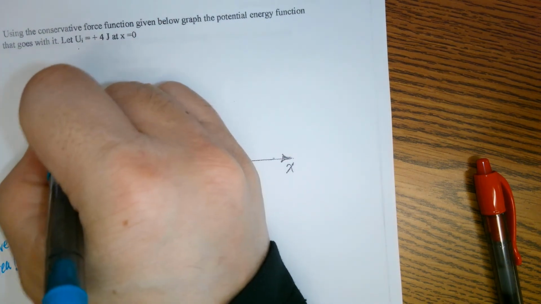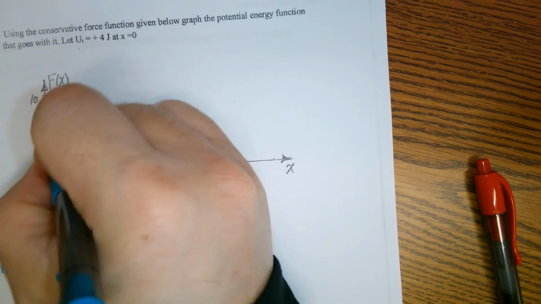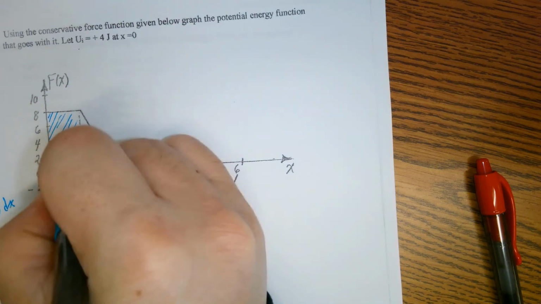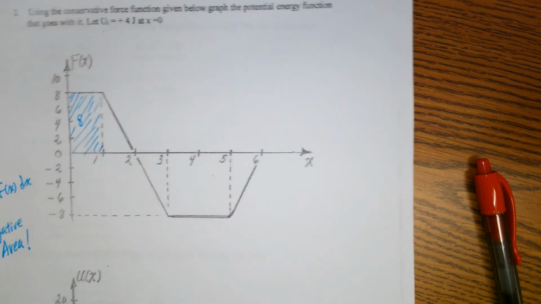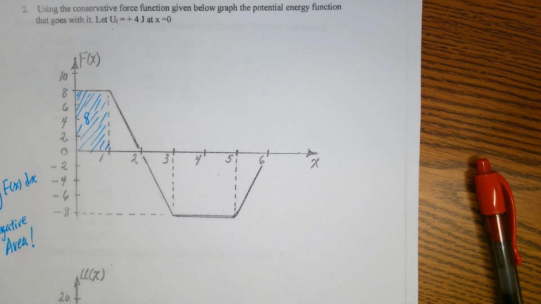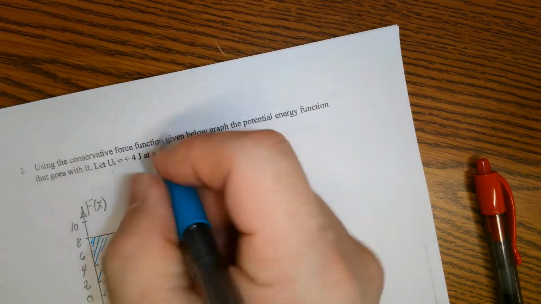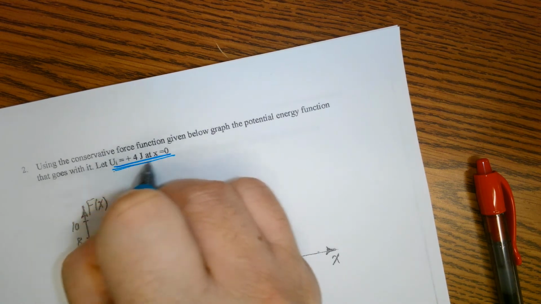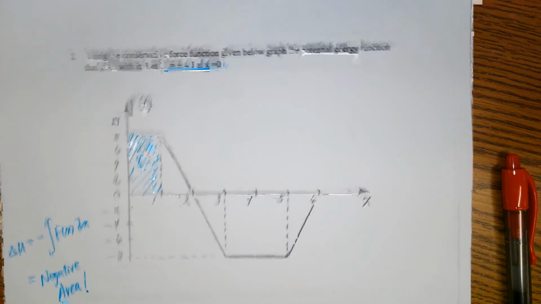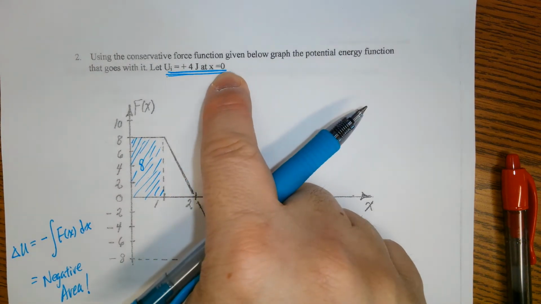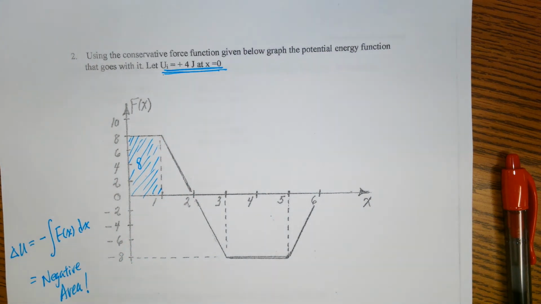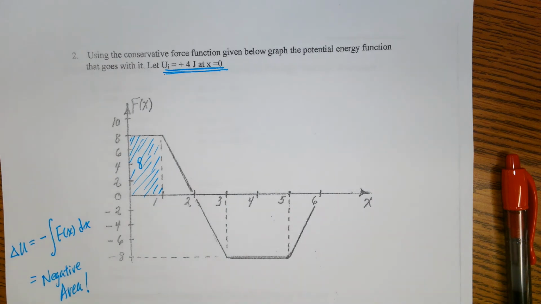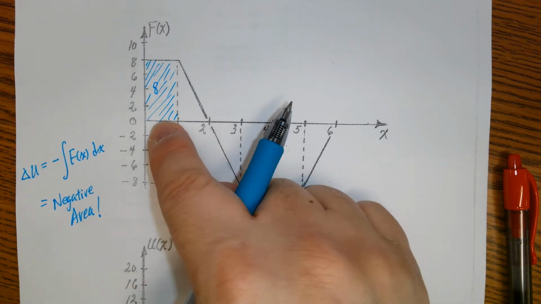But where do we start? Do we start just any random place? No, because this gives us the initial starting point. That means when x is 0, we have to start at positive 4 joules. Okay? So starting from positive 4 joules, we're going to go.